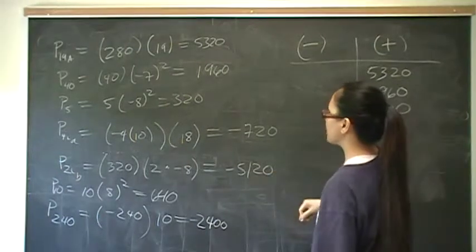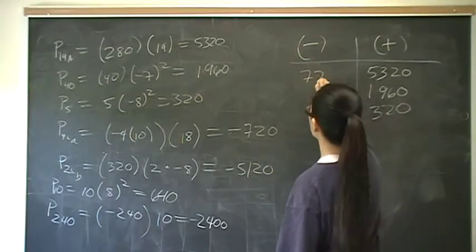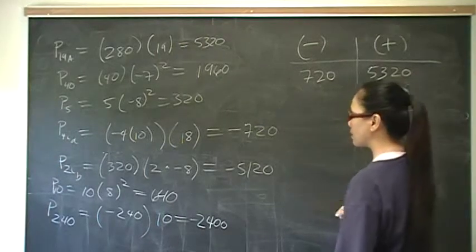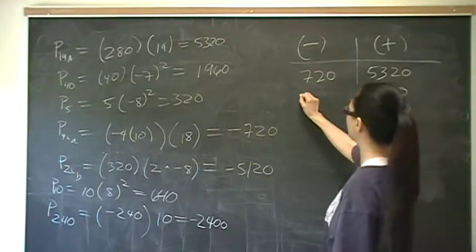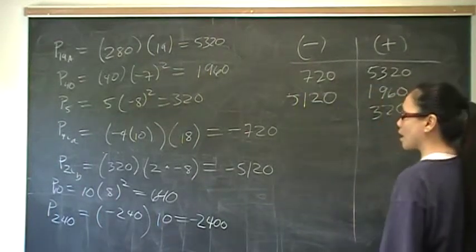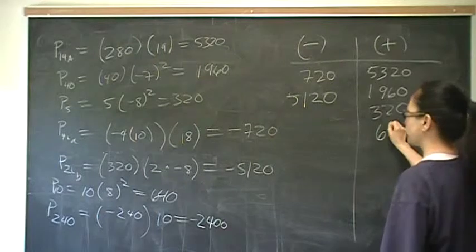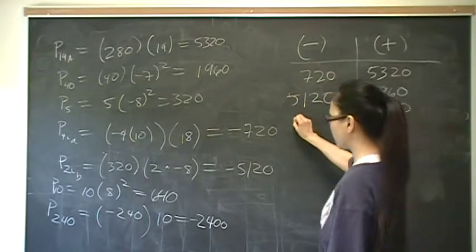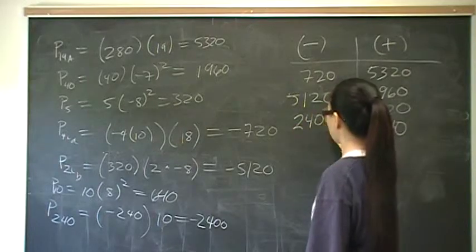The 4 ID voltage source develops 720, the 2 IB dependent current source develops 5120, and the 10 ohm resistor dissipates 640 watts. The 240 volt source develops 2400.